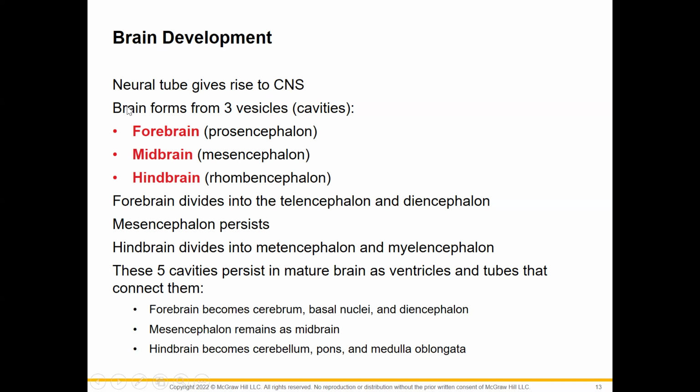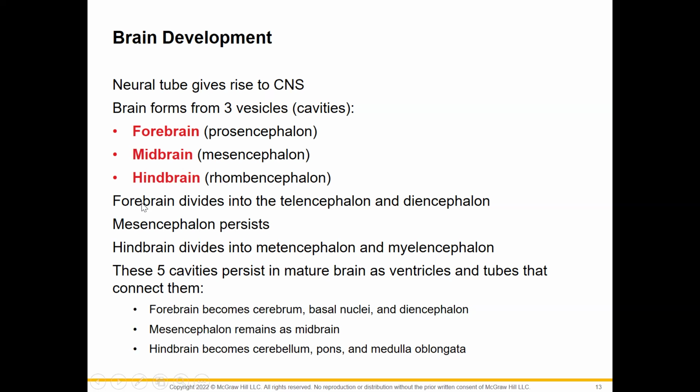The brain will then form three cavities that will become different parts of the central nervous system. So it forms the forebrain, the midbrain, and the hindbrain. The forebrain is called the prosencephalon. Midbrain is called the mesencephalon. Hindbrain is called the rhombencephalon.